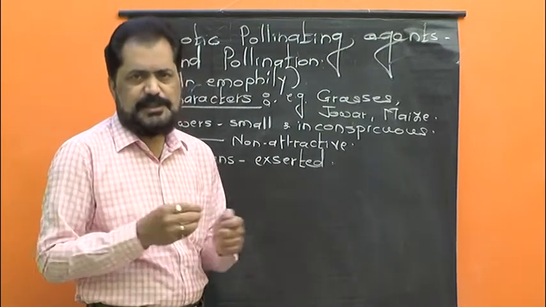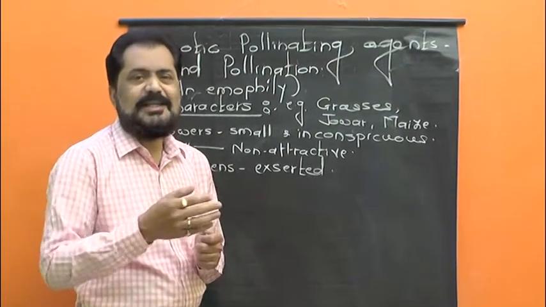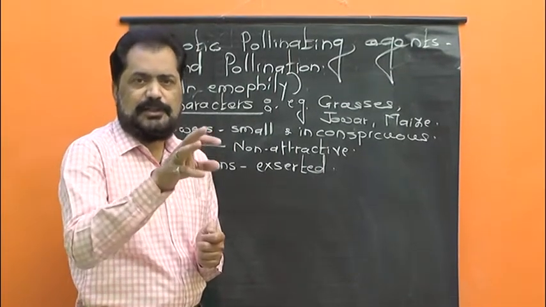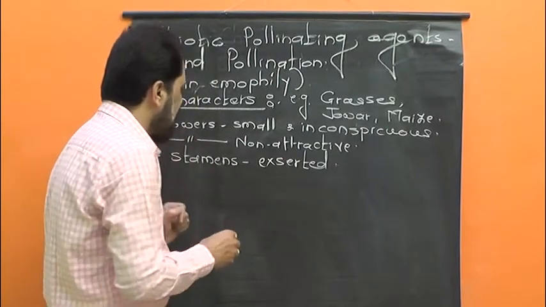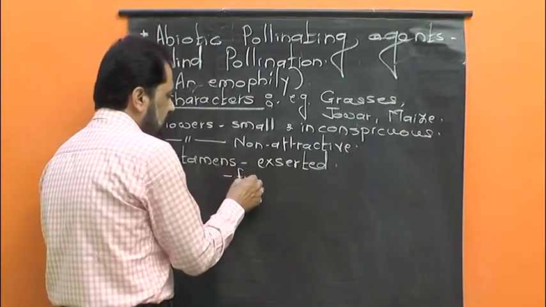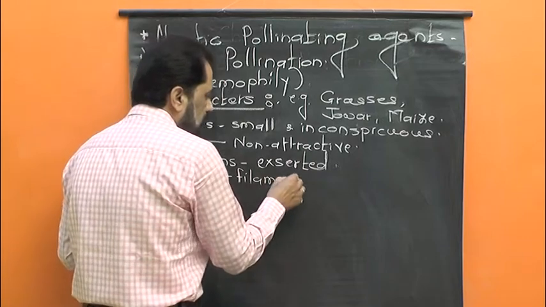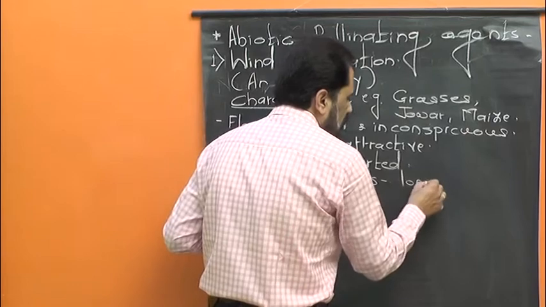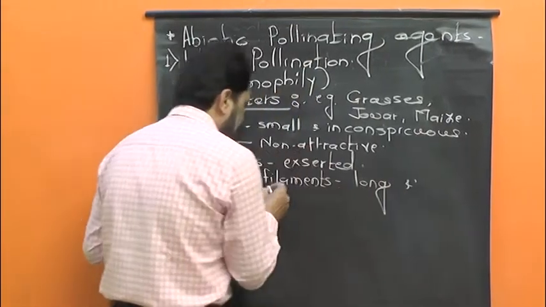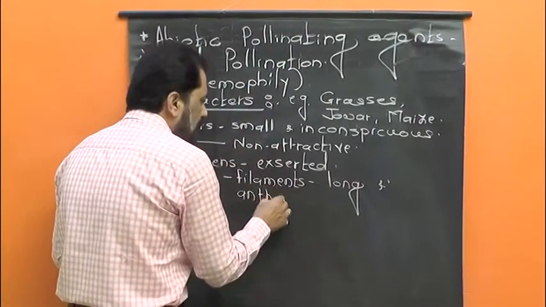It is very necessary for the easy release of pollen grains produced in the anther. So the stamens are exserted, the filaments of stamen are long, and anthers are versatile.